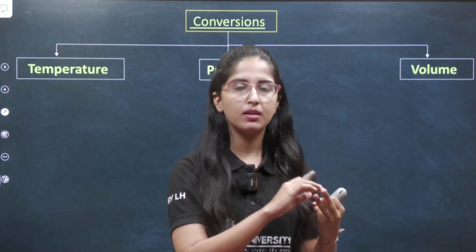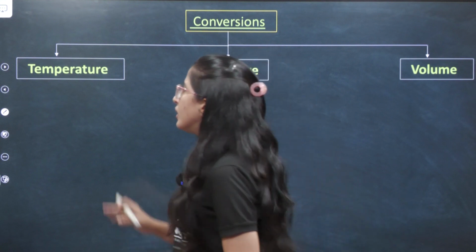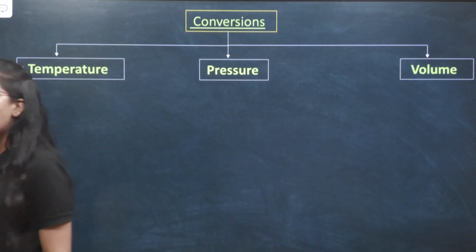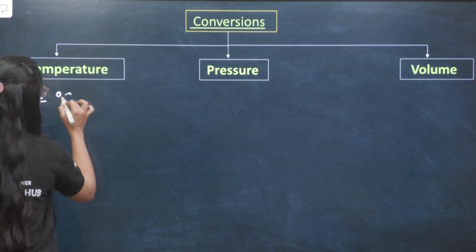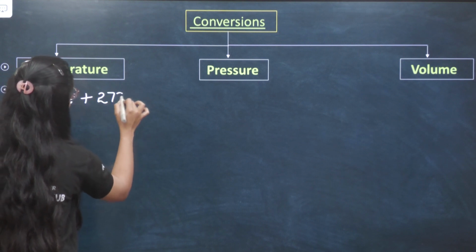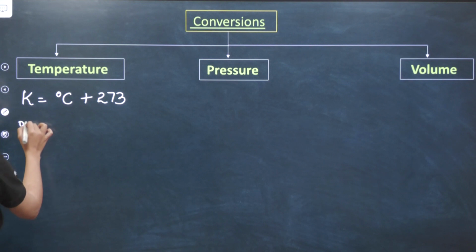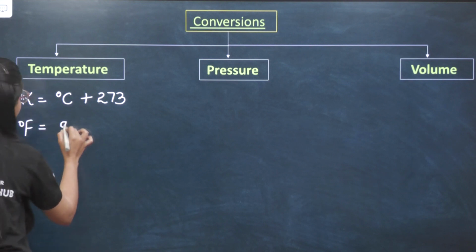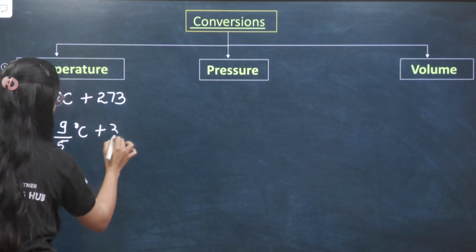The SI unit is Kelvin, but the other 2 units are degree Celsius and Fahrenheit. If degree Celsius is given, how will you convert it into Kelvin? Simply add 273 to the given value of degree Celsius. Understood? And if you have to convert it into degree Fahrenheit, simply you will take 9 divided by 5 times degree Celsius plus 32.